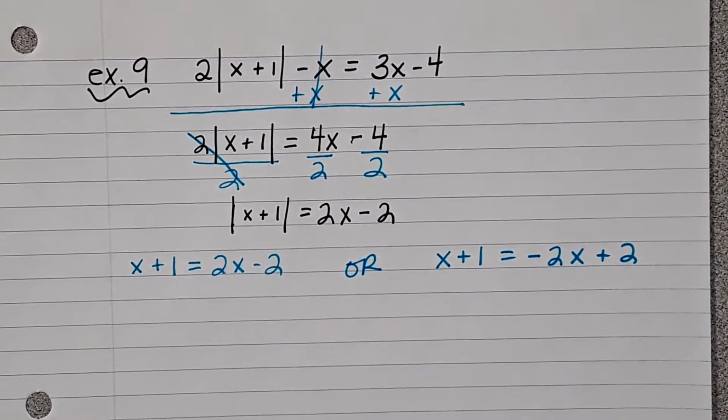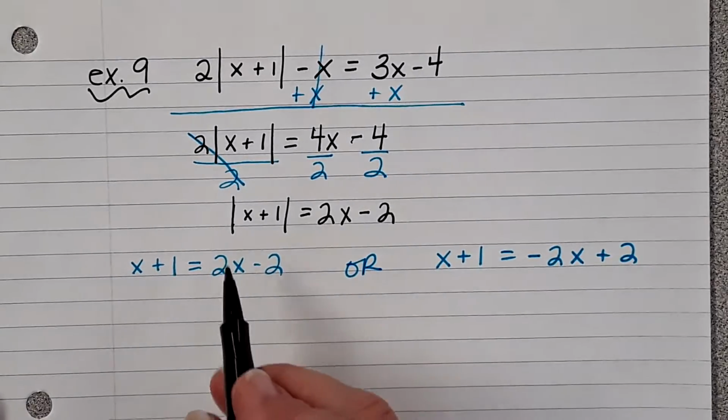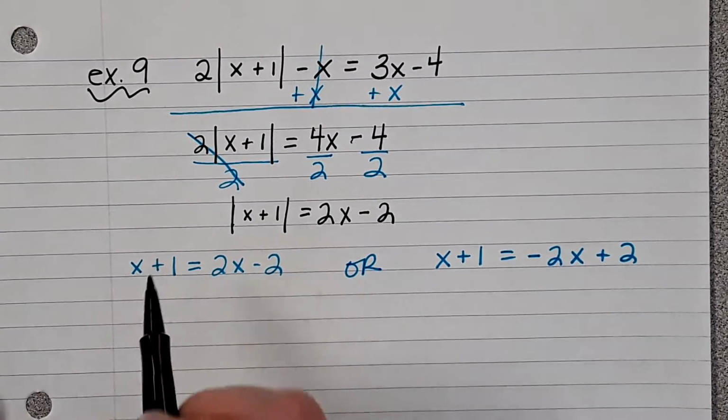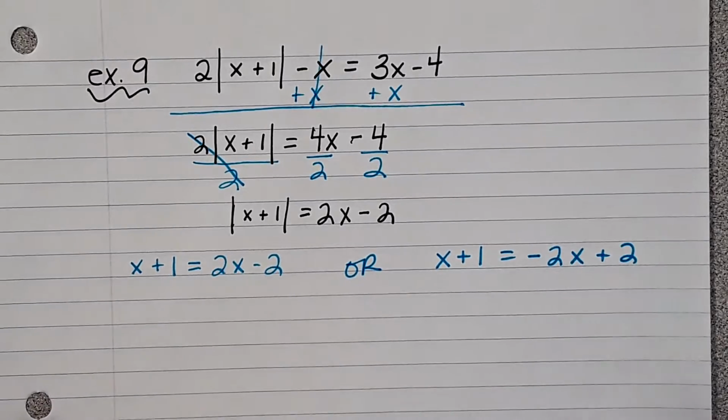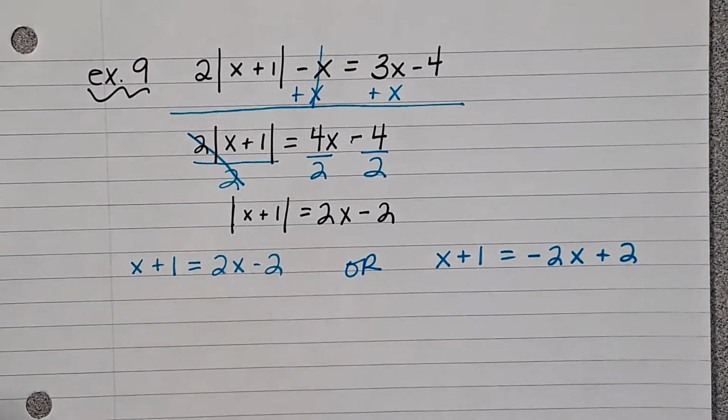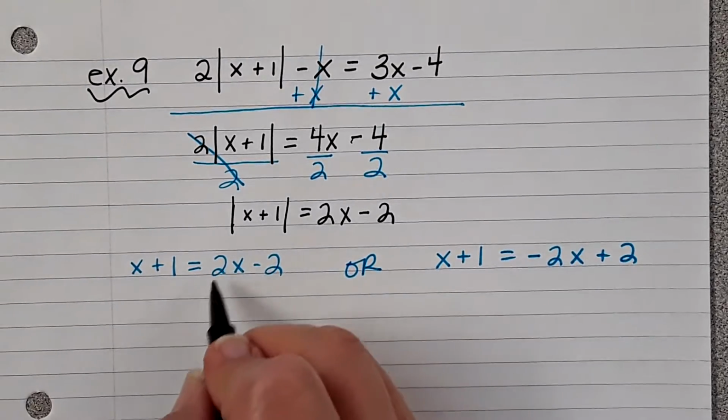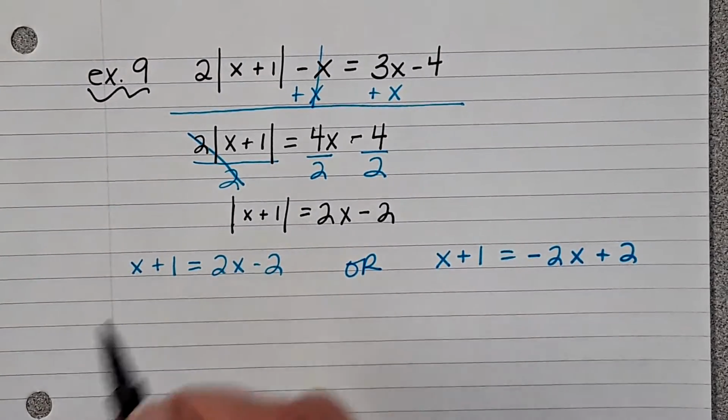Now we're going to solve both equations. Again, whenever I solve, I always put my variable on the left. I used to never be like that, but since I started teaching, I really like to be consistent, so I always move my variables to the left-hand side. So I'm going to move my 2x to the side of the x.